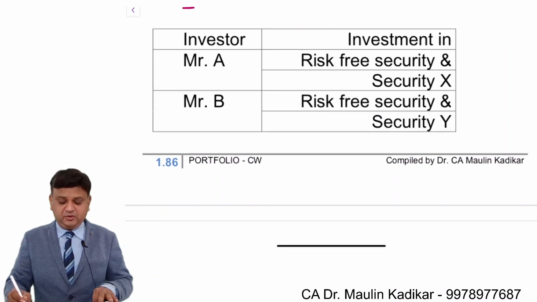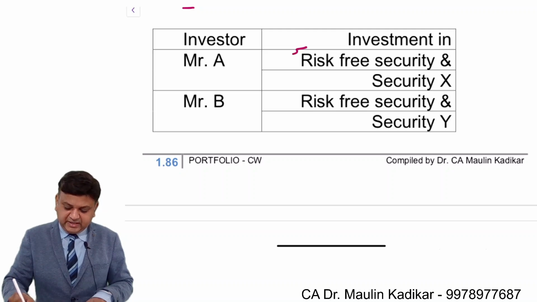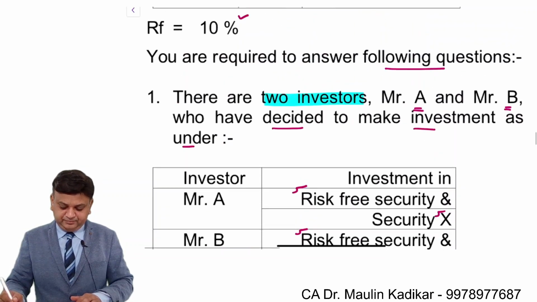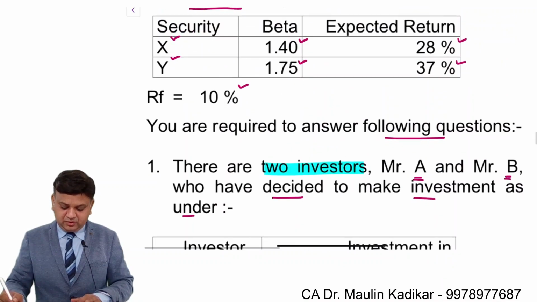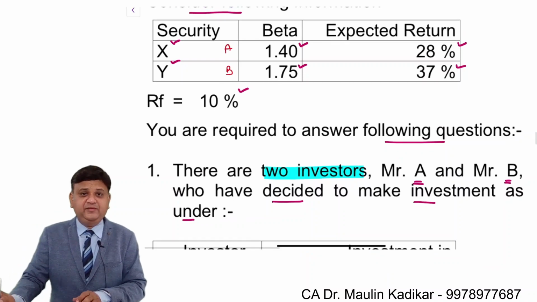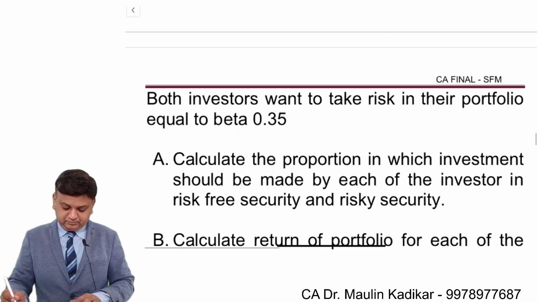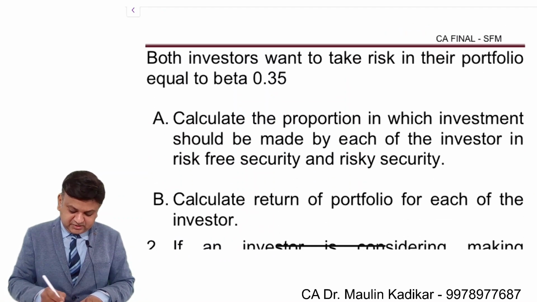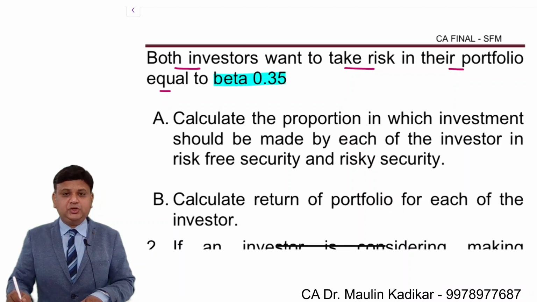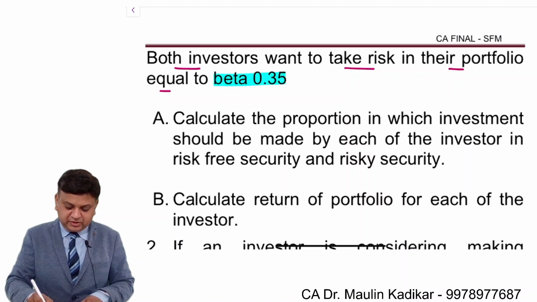Mr. A has decided to make investment in RF and in security X. Mr. B took a decision to make investment in RF and in security Y. Both the investors want to take risk in their portfolio equal to beta 0.35.